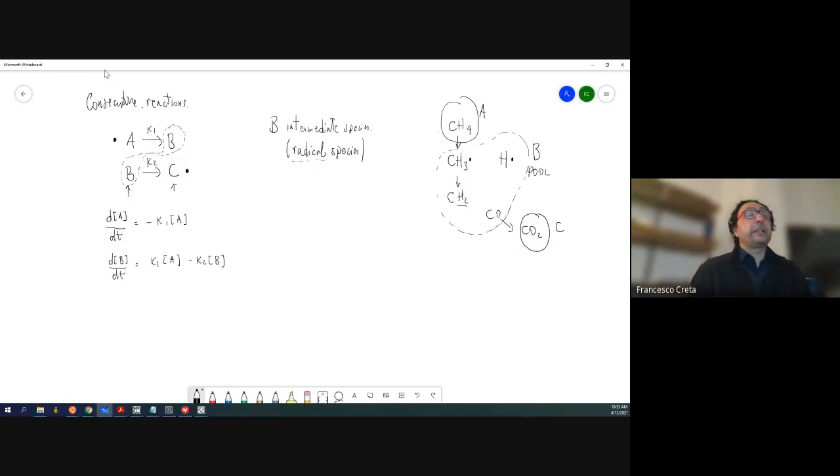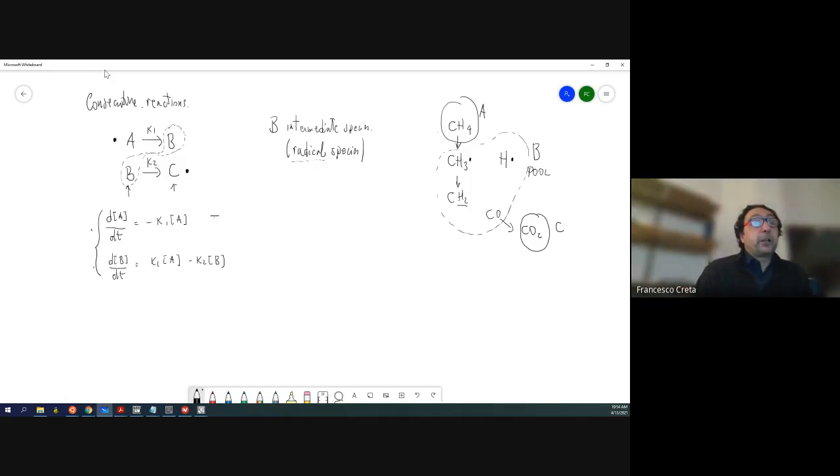As you can see, neither A nor B is dependent on the product C. So we can actually neglect writing down C. It would be a third ordinary differential equation, which is a function of the other two. So we'll just concentrate on this two-dimensional system, A and B.